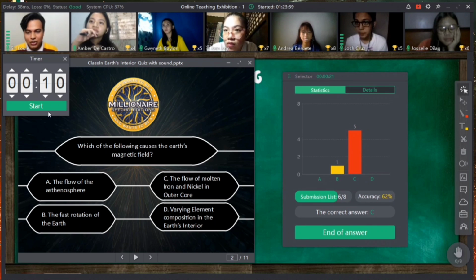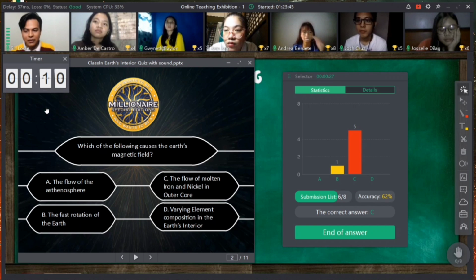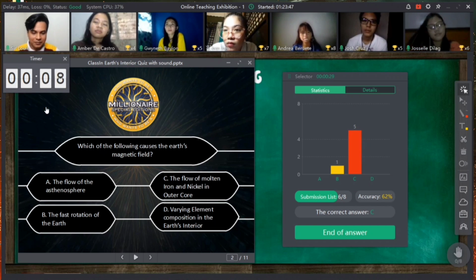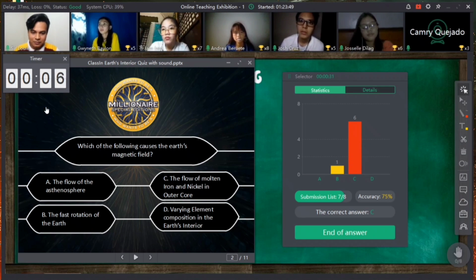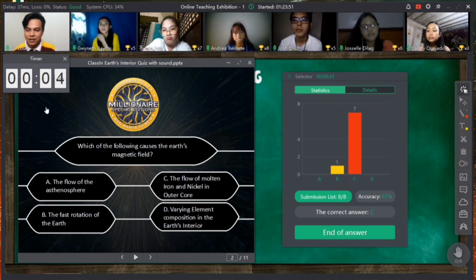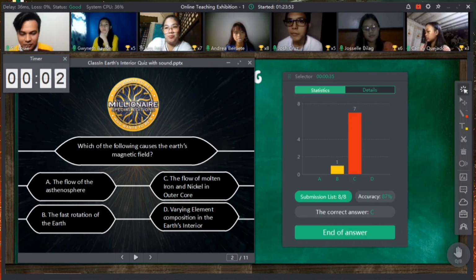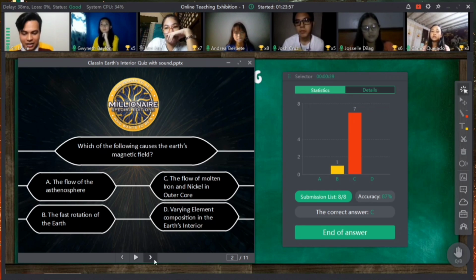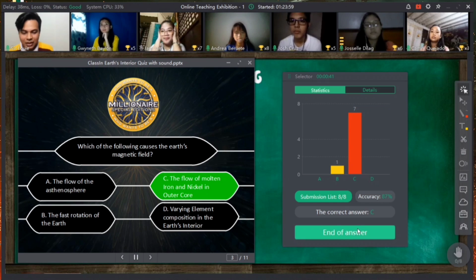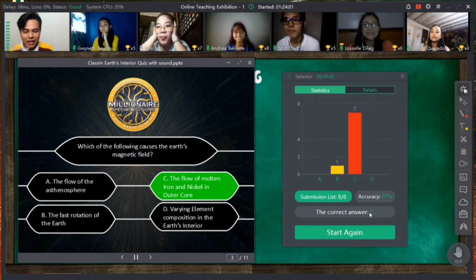Okay, there are two who are still not yet answering. So I will be giving you 10 seconds. So the correct answer is letter C, the flow of molten iron and nickel.